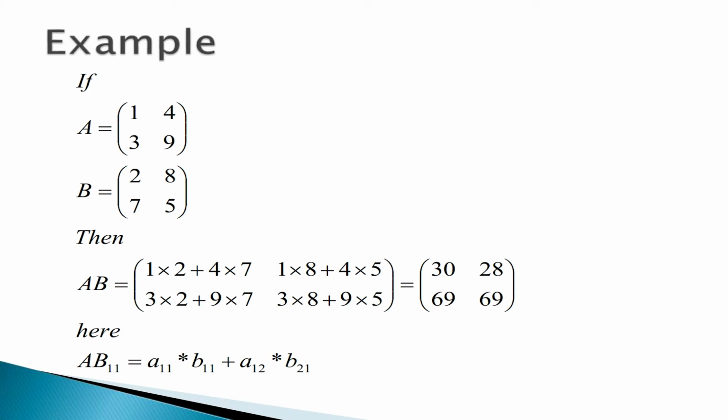Similarly, the second row of the first matrix with the first column and second column of B, that becomes 3 into 2 plus 9 into 7. Similarly, the fourth element is 3 into 8 plus 9 into 5. That becomes the AB matrix 30 28 69 69. That is, the first row contains 30 and 28 and the second row contains 69 and 69.